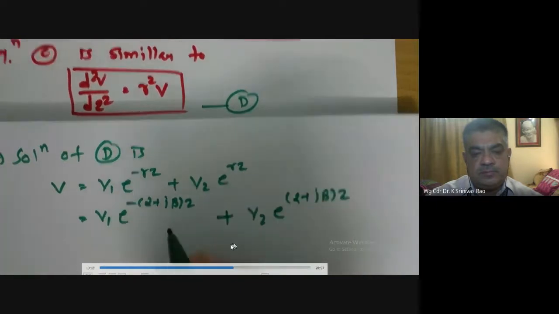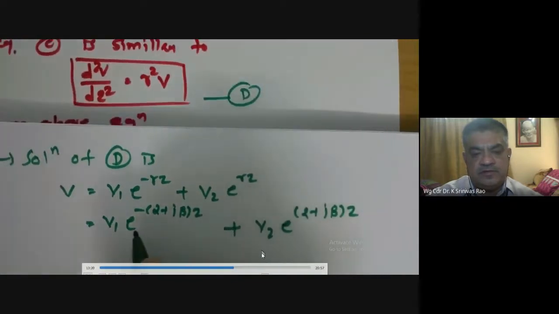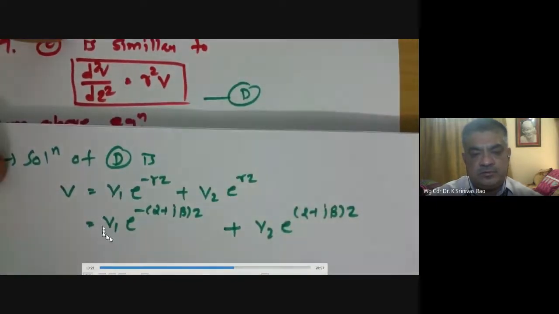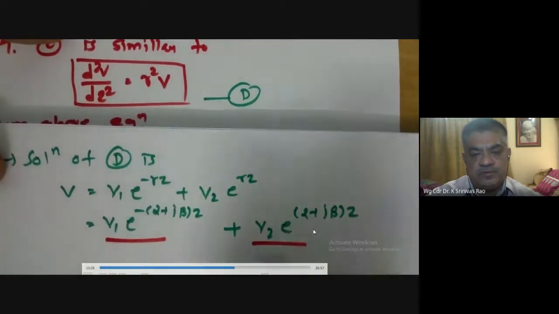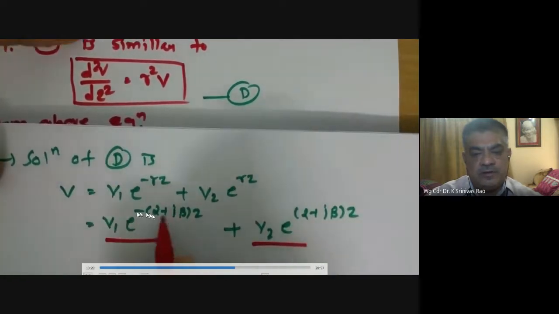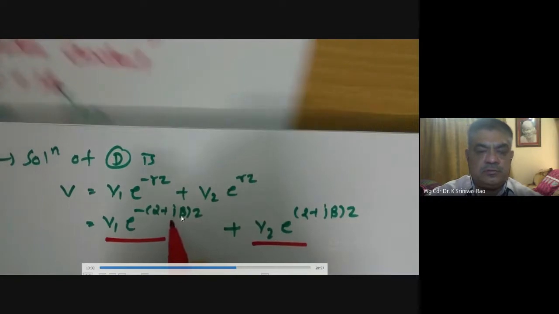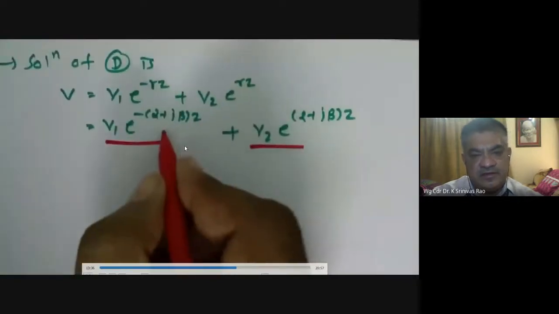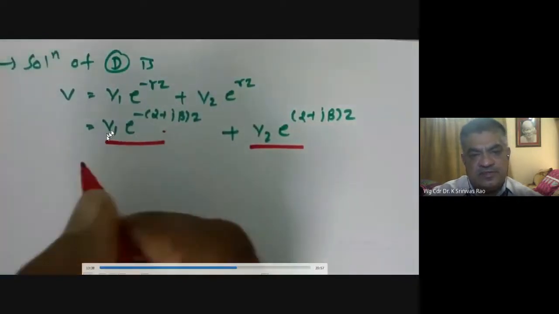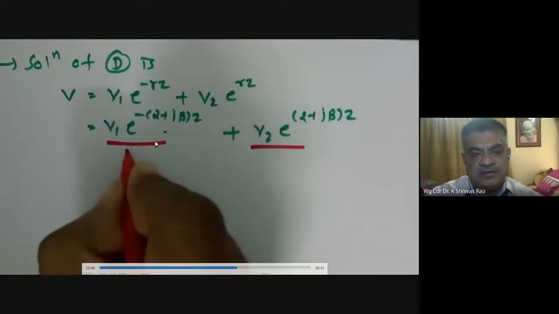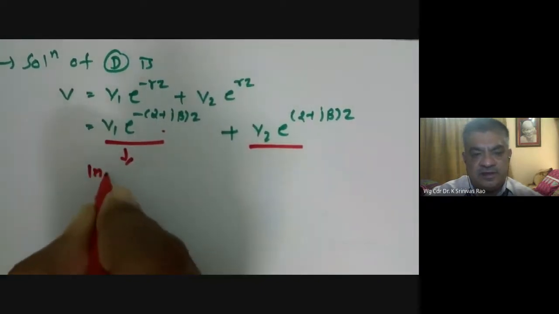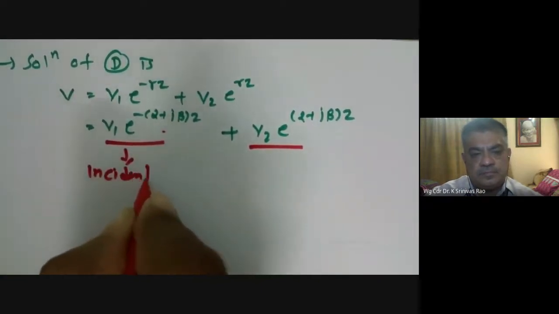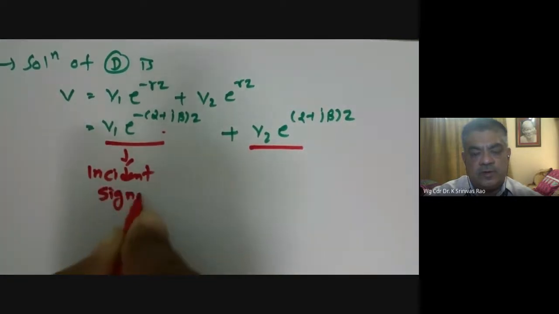Now in this equation there are two components, one this portion and the other this one. This first component is the forward wave. As z is increasing, the position is increasing and the signal is progressing further. So this is called the incident signal, or forward wave, or forward signal.